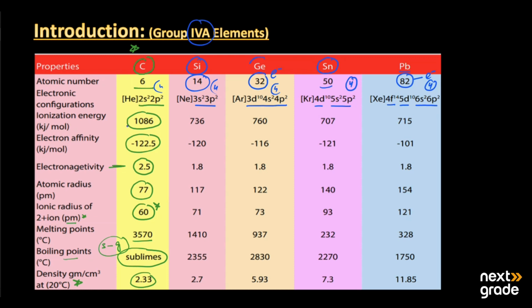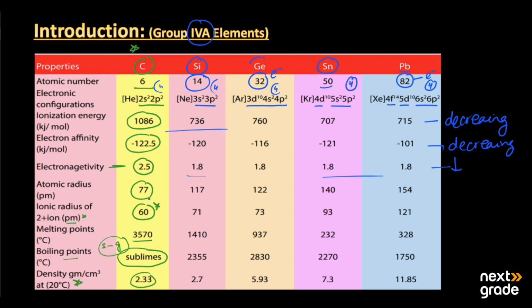When we move from top to bottom in the group, you can see that ionization energy decreases down the group in the periodic table. The electron affinity, the first one is -122 and the last one is -101, so likewise it also decreases down the group. Electronegativity again decreases down the group.